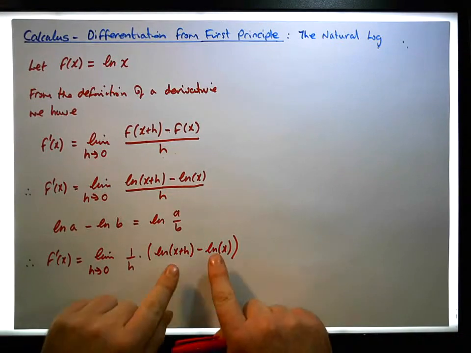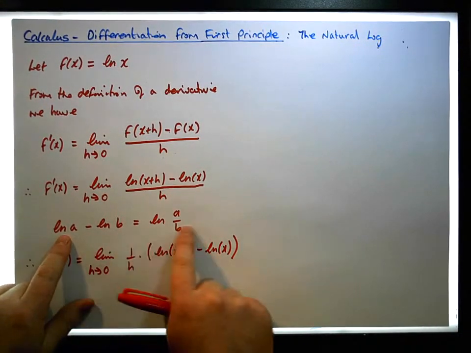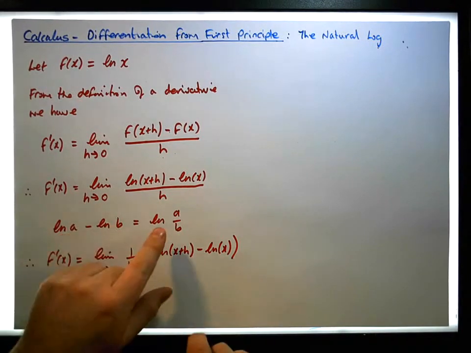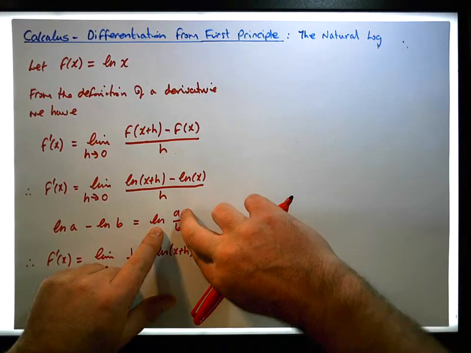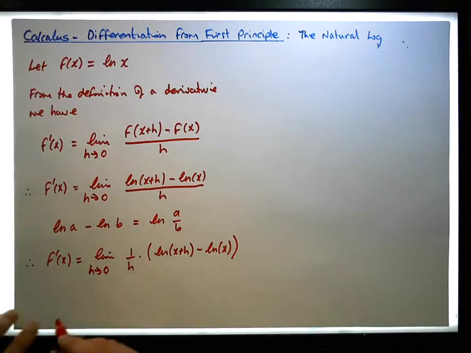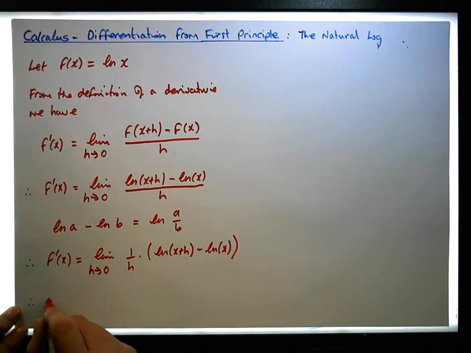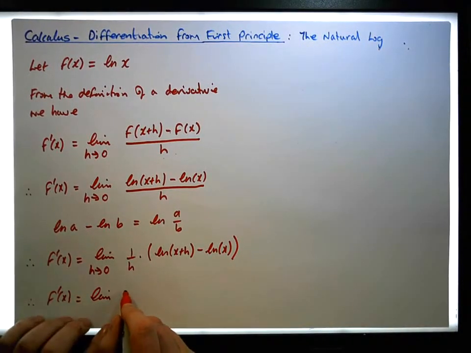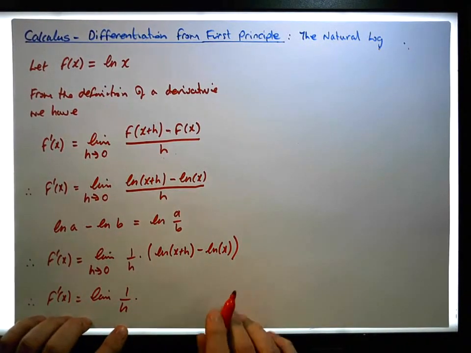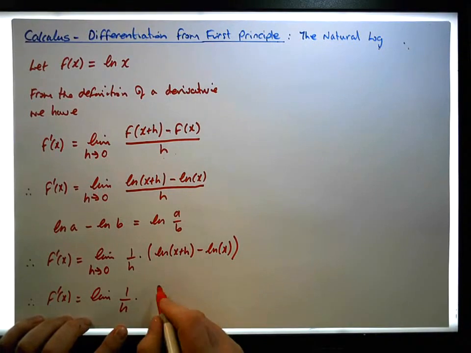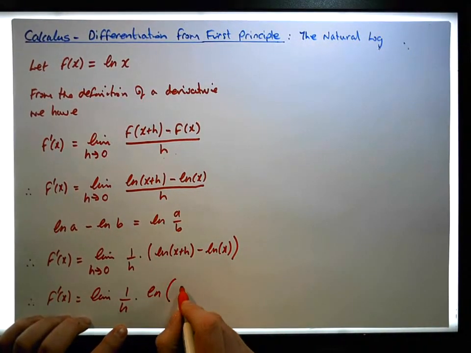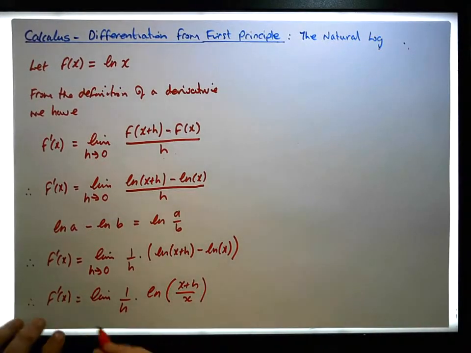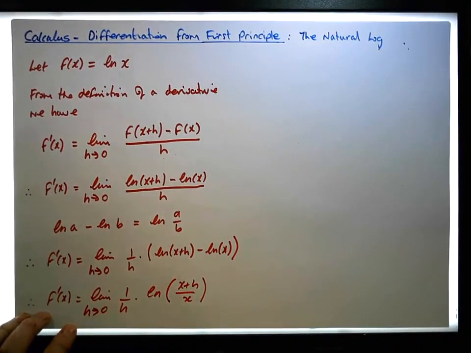Once again, we're going to apply this particular identity, that the difference between two natural logarithms is the same as the natural logarithm of the quotient. So f prime of x must be equal to the limit of 1 over h times the natural logarithm of x plus h all over x, as h tends to 0.